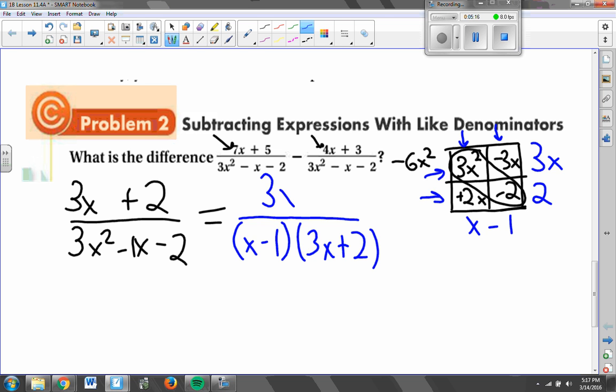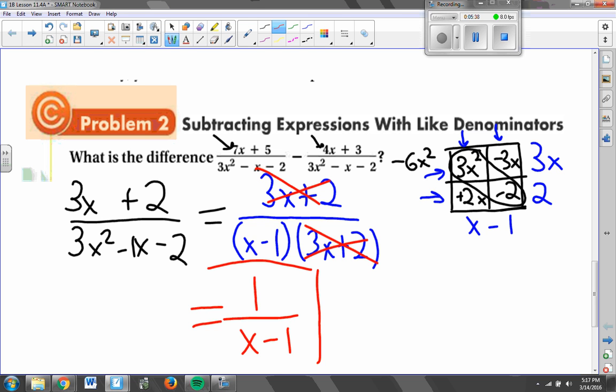Remember, the top was 3x plus 2 to begin with. So now I see that 3x plus 2 can cancel with 3x plus 2, and I am left with 1 over x minus 1. So after we subtract these two rational expressions, we can try to factor and simplify by canceling things out. You may find you can make your life much easier, and I would like you to do that. So I end up with 1 over x minus 1.